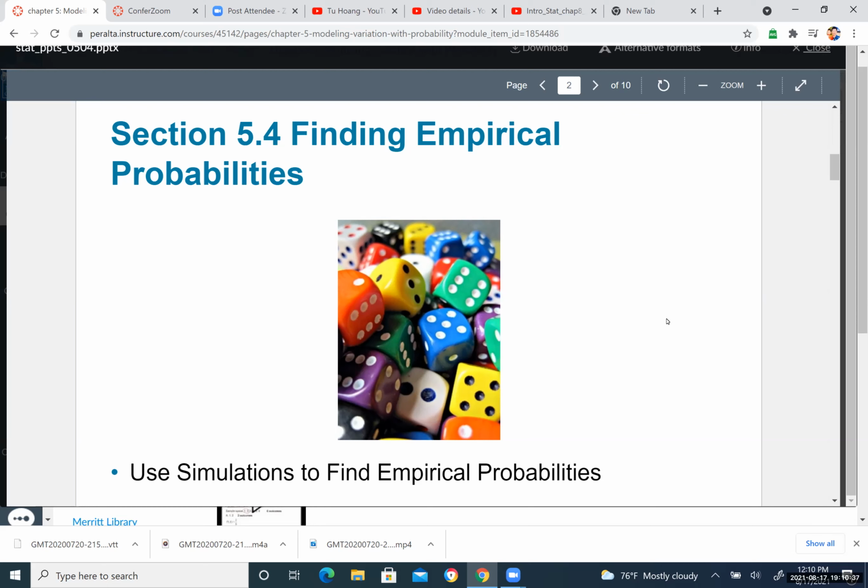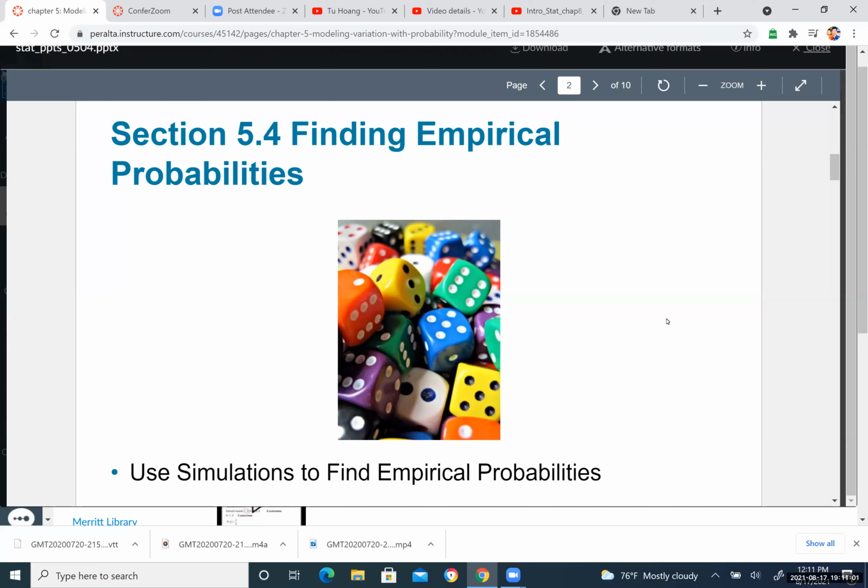Empirical rules were mentioned in a previous chapter, but empirical in this section means you look for the number of successes.